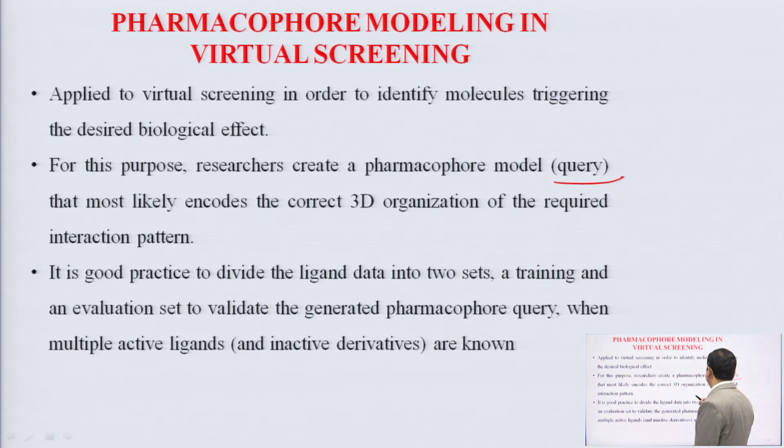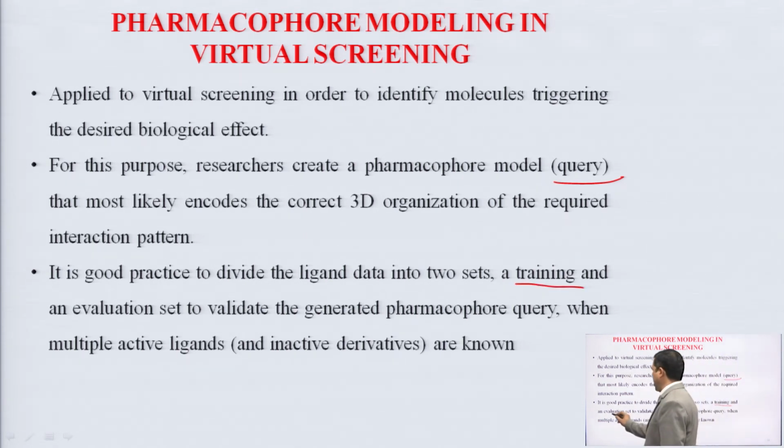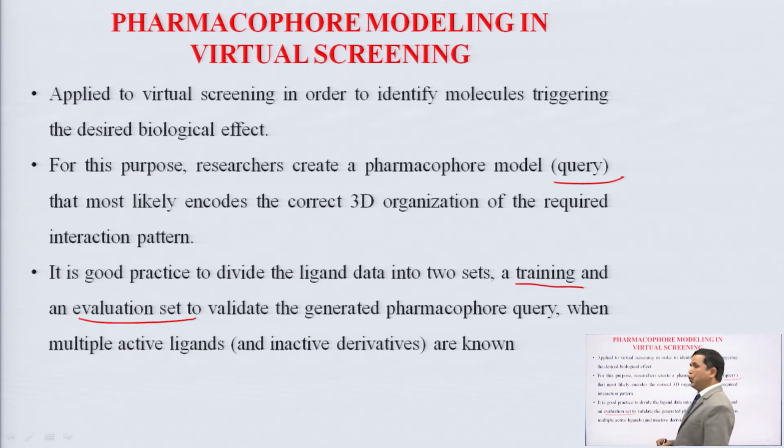The first set is the training set and the next set is the evaluation set to validate the generated pharmacophore. Whatever pharmacophore we have generated with the help of virtual screening, the active ligands and inactive derivatives are known.